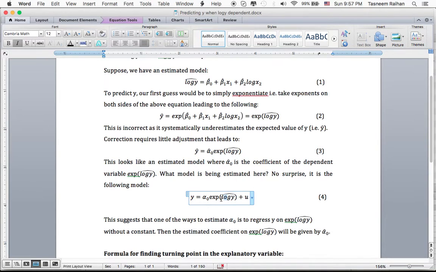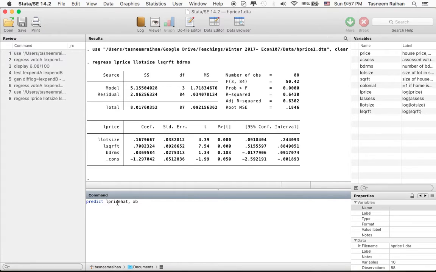So what we are asking Stata to do is give us log y hat, and the values of log y hat will be saved under this variable L price hat. So we are creating a new variable L price hat, and it will contain all the predicted values of log y hat.